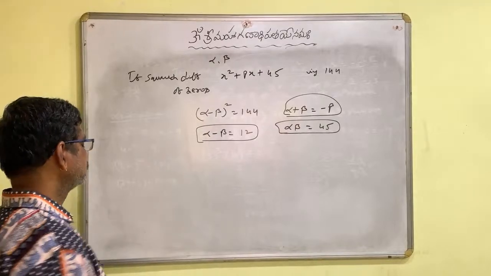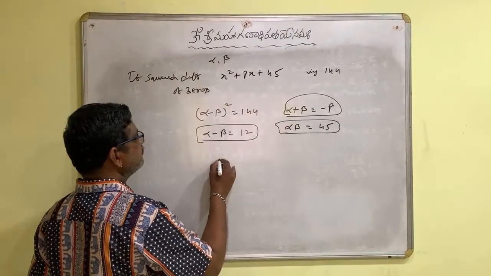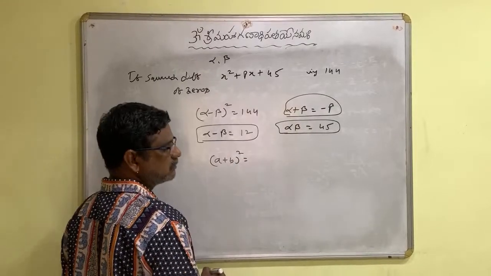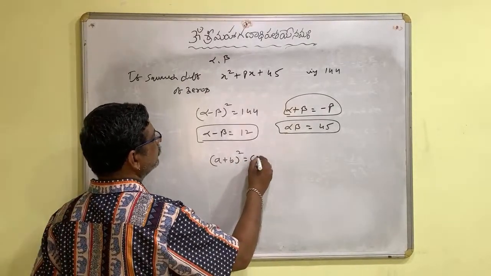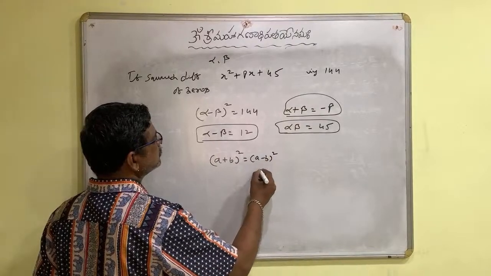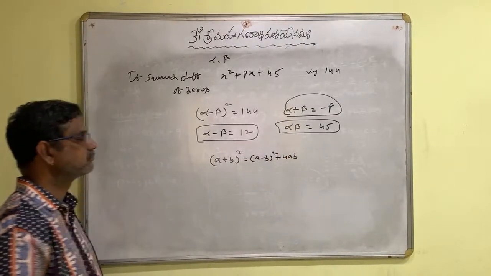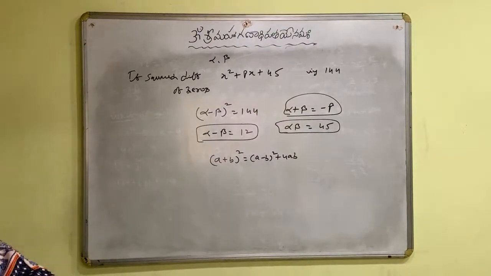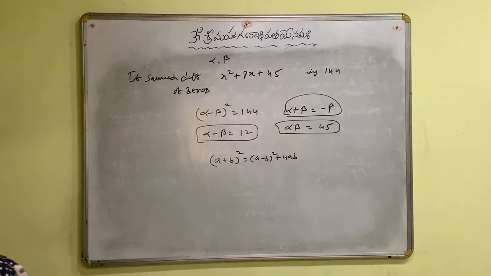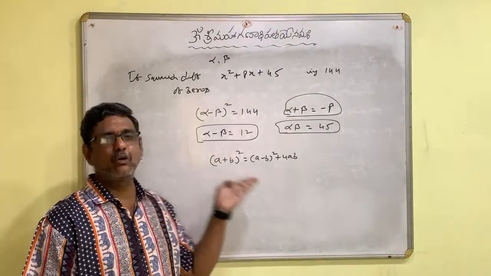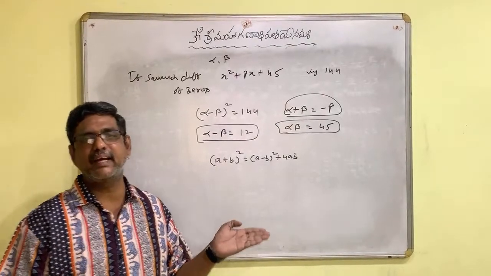Okay, check. We have a formula that A plus B whole square is equal to A minus B whole square plus 4AB. Whatever I wrote on the board, is that right or wrong, children?